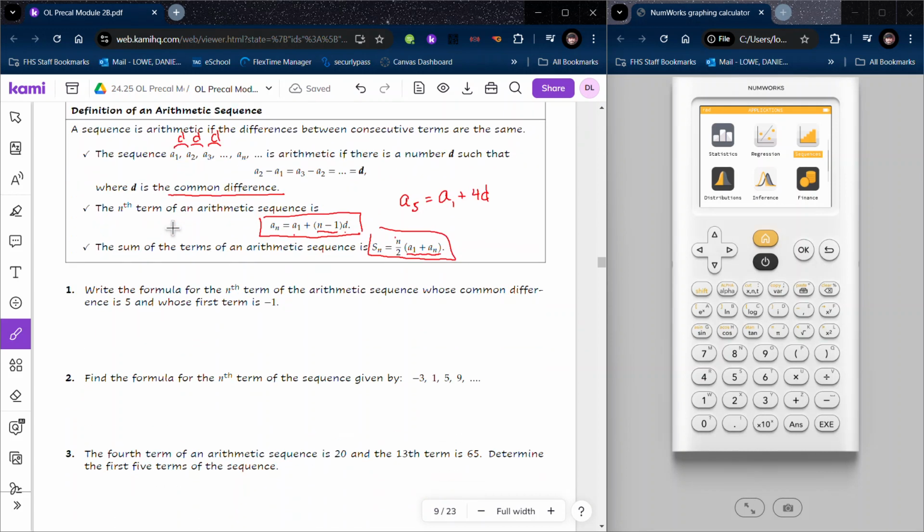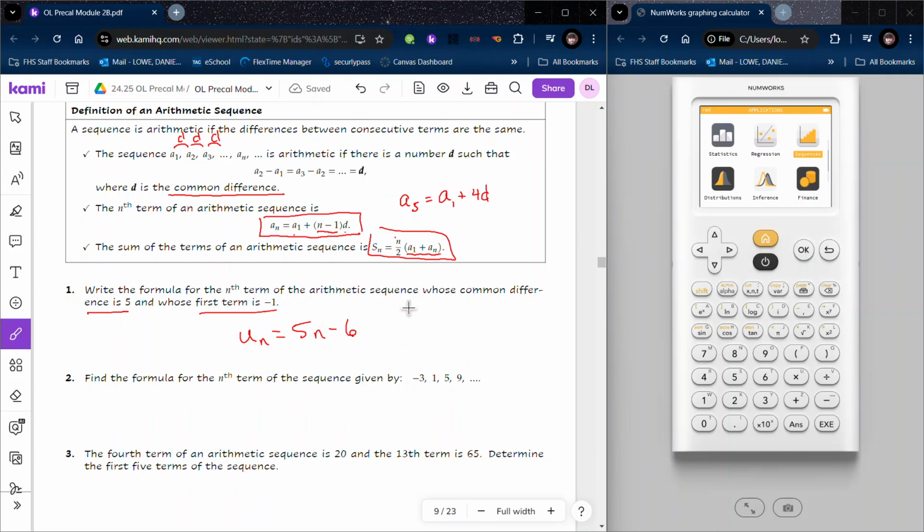All right, so if I want to write the formula for the nth term of an arithmetic sequence whose common difference is 5 and first term is -1, I can just say, hey, u sub n is going to be 5n minus 6. Now, how did I get that?